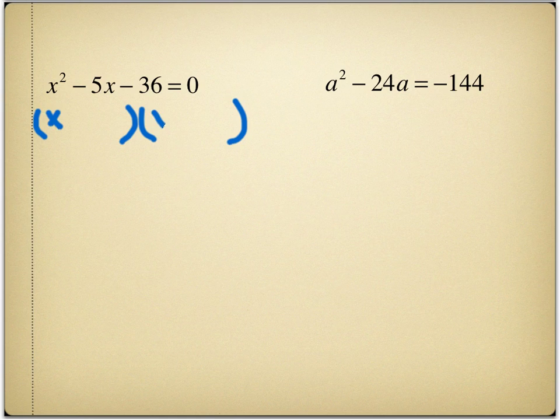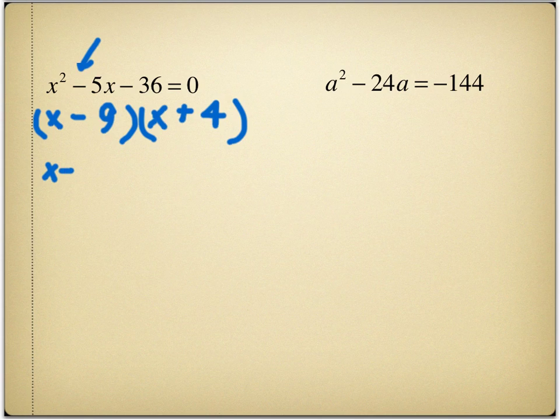So it's probably going to be x and x. And a couple numbers that I know that will multiply together to give me 36 are 9 and 4. And looking at the signs here, since my middle term is negative, I'm going to make that 9 the negative and this the positive. I think this would work out if I checked it. But again, this is equaling 0.